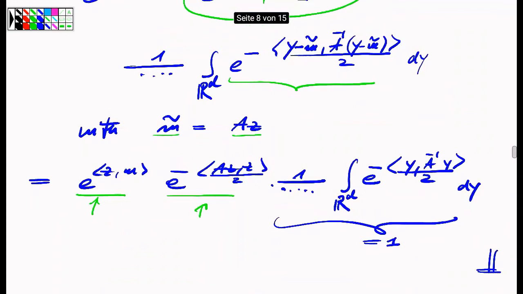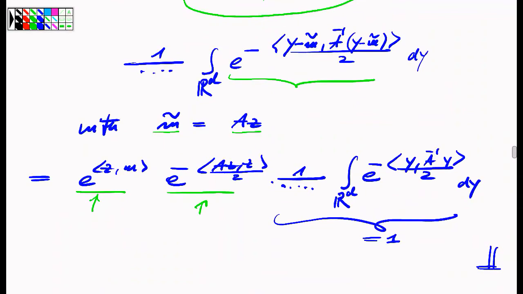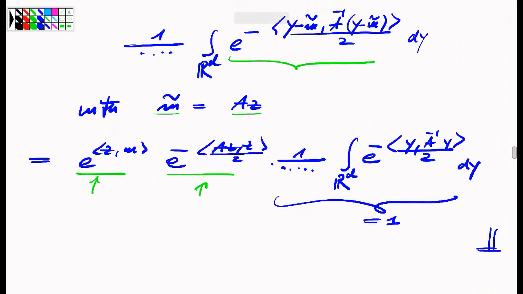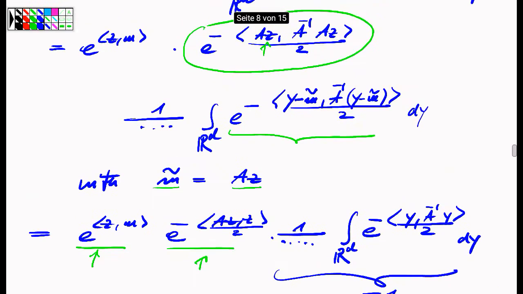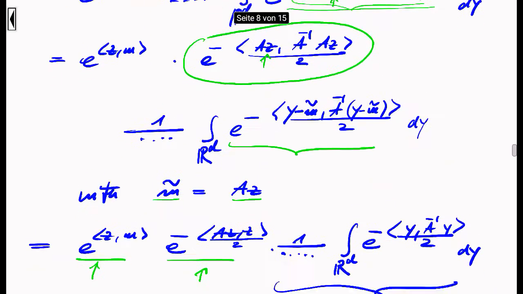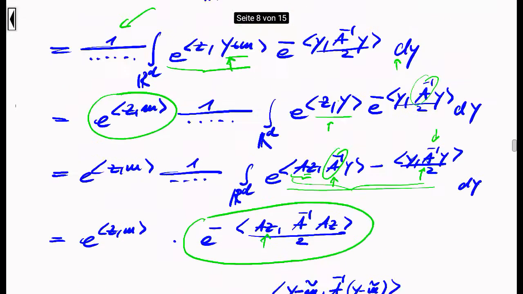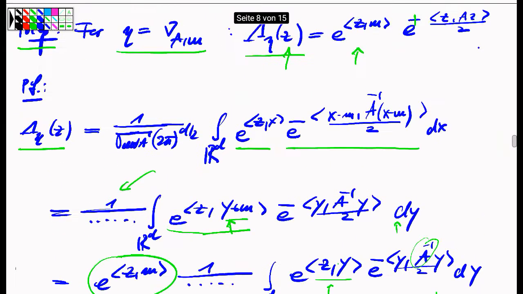This is now exactly an integral of the type which I had just considered before, and therefore together with the normalizing factor, which I had to write all the time, this whole thing produces a 1, such that I arrive at the claimed formula, where in fact the right sign in front of this quadratic form is a minus.